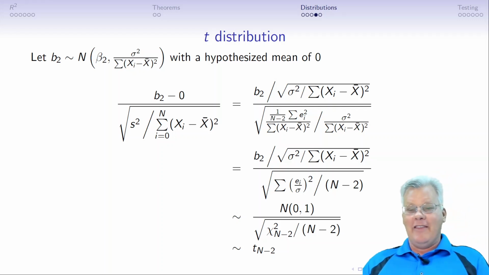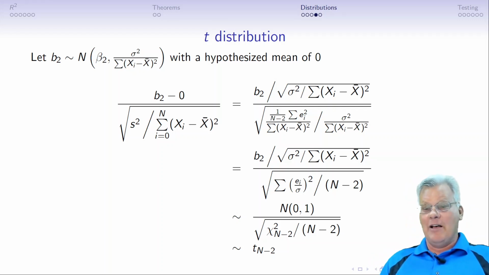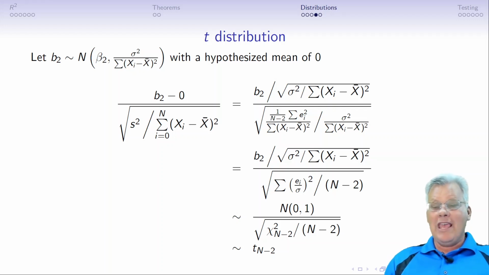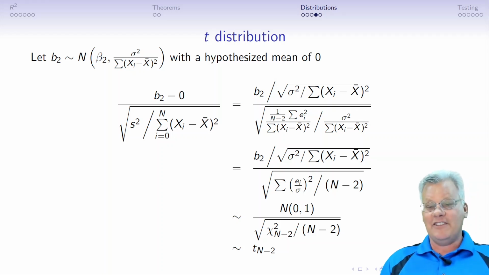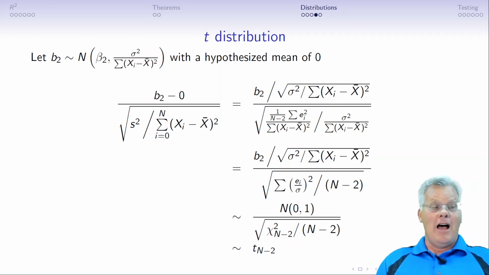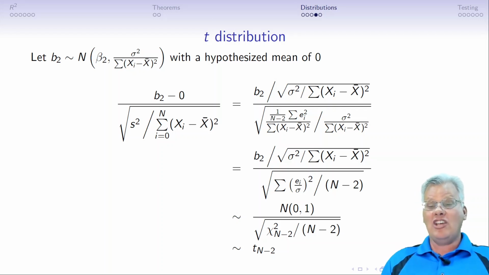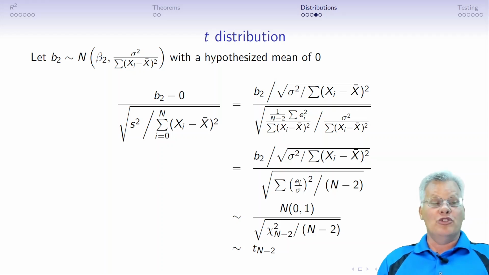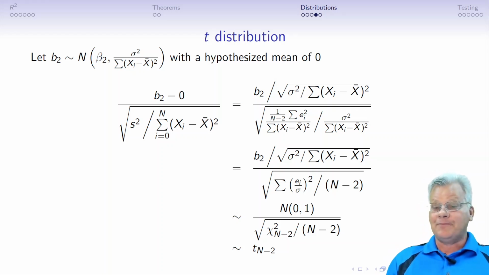What this gives me then, in the denominator, is the sum of ei divided by sigma, quantity squared. So ei, you remember, the OLS residual has a mean of 0. I'm dividing by its true unknown standard deviation. So I have a standard normal random variable squared in the denominator.